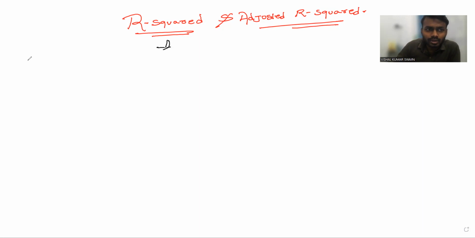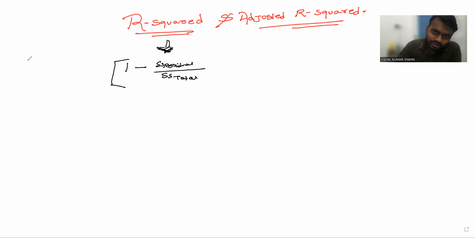Listen, R square is nothing but, the formula is 1 minus the sum of square residual divided by the sum of square total.